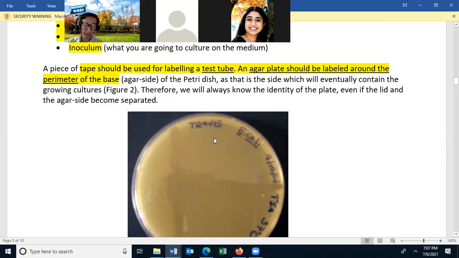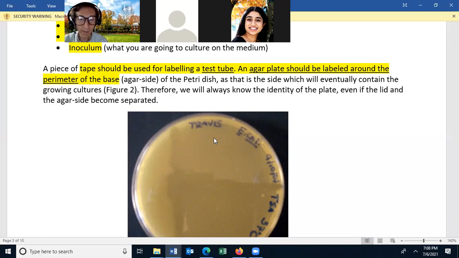And I once had a co-worker, and she had a whole bunch of Petri plates, and she was carrying them around on a tray, not exactly a box like this, but a tray, and she tripped, and she was carrying over 300 Petri dishes, and all the lids got separated from the plate bottoms. And guess what?